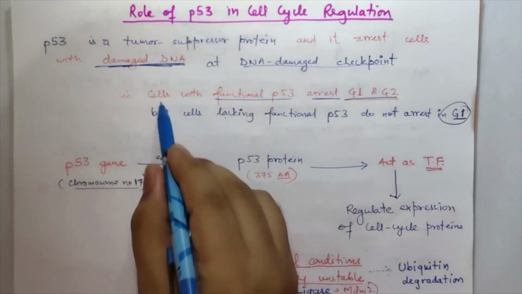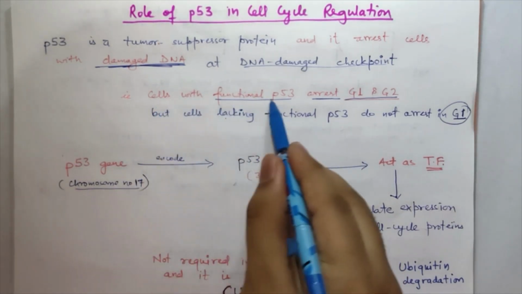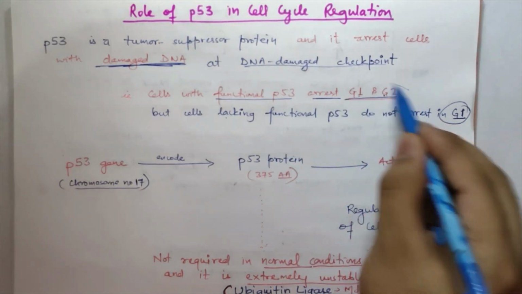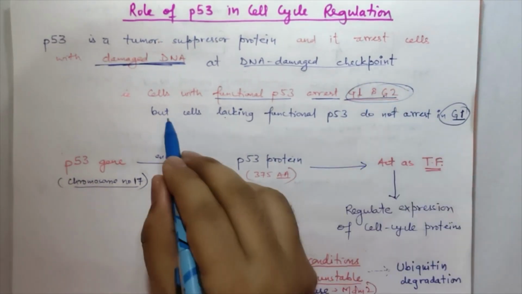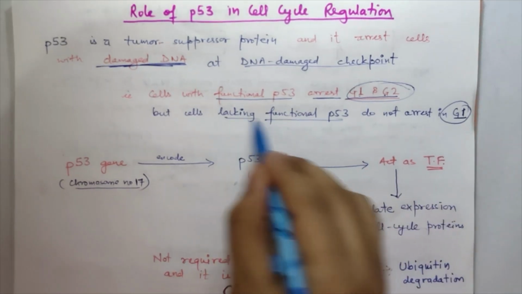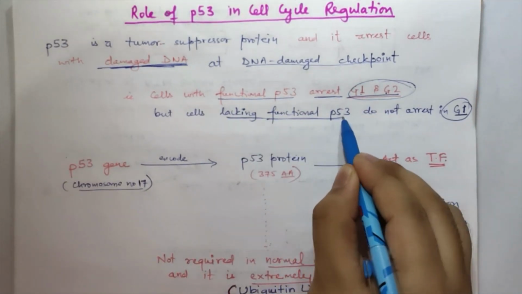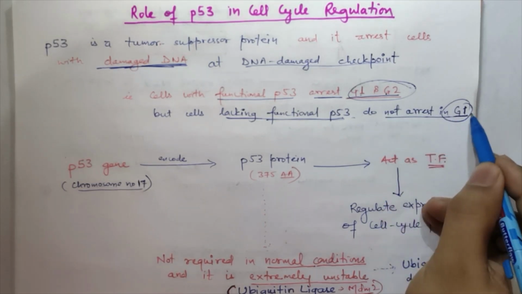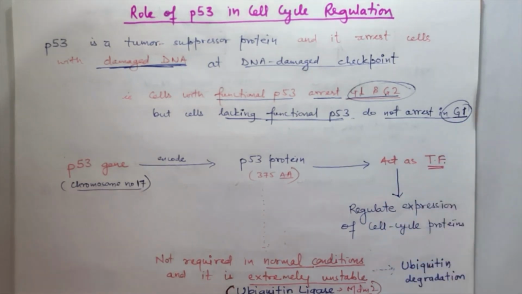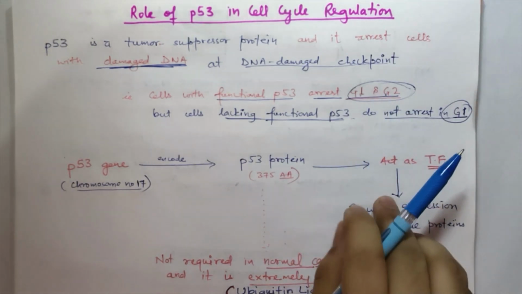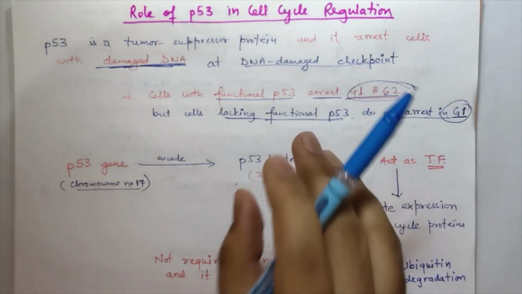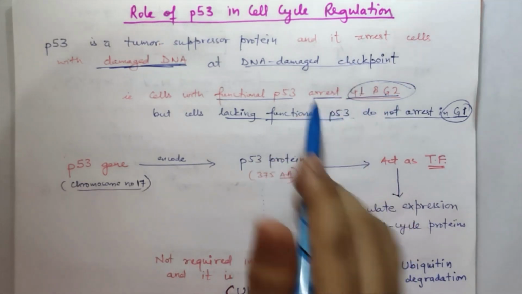Basically, with functional P53 protein, it arrests cells usually at G1 and G2 phase. But in the absence of functional P53 protein, the cells are not arrested at G1 phase, and this can lead to uncontrolled proliferation of cells, which ultimately causes cancerous or tumor type growth.